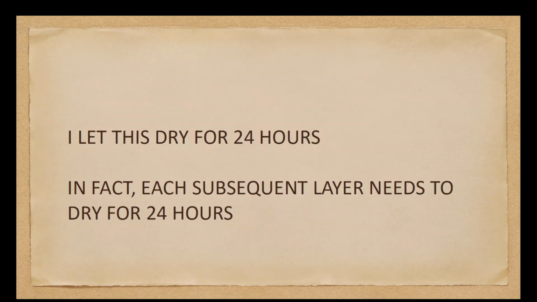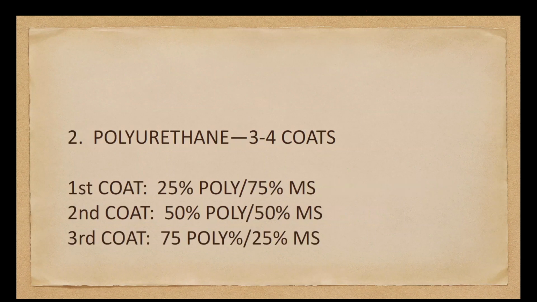After you let this finish dry for about 24 hours, as in fact each layer needs to have 24 hours to dry, then I begin coating, and what I've been using is Helmsman spar varnish. Another option would be Minwax.